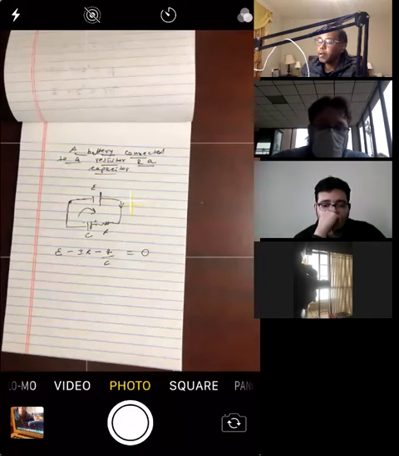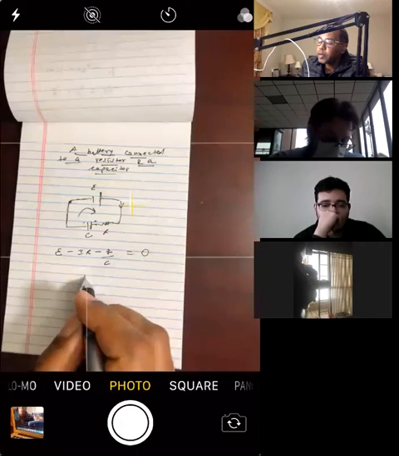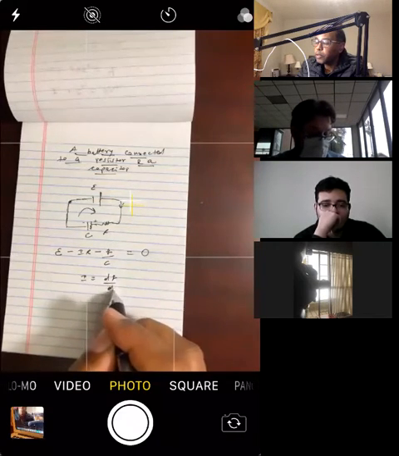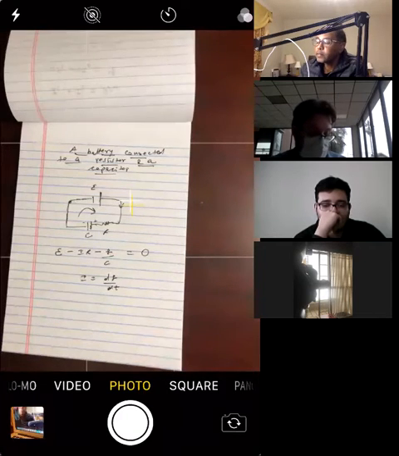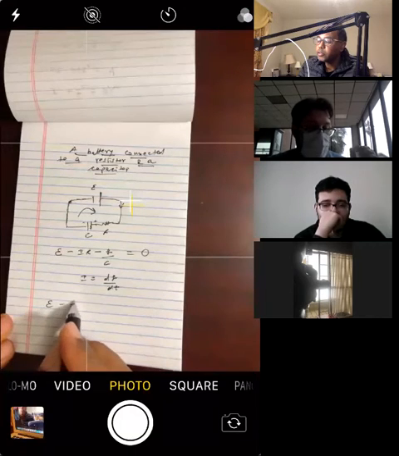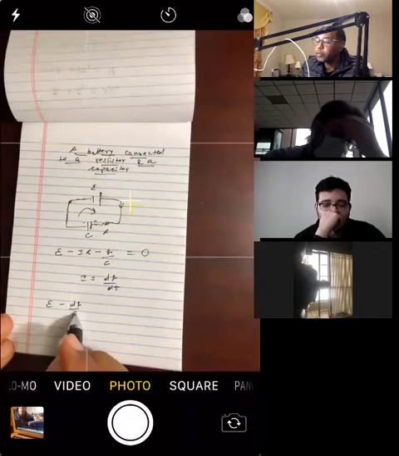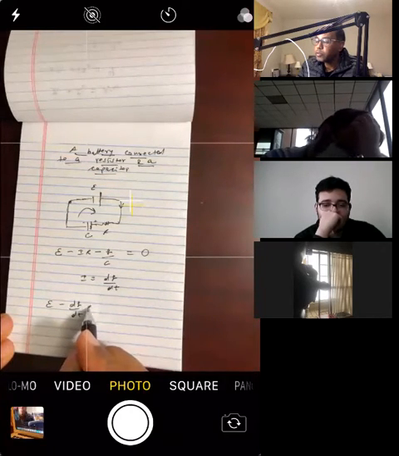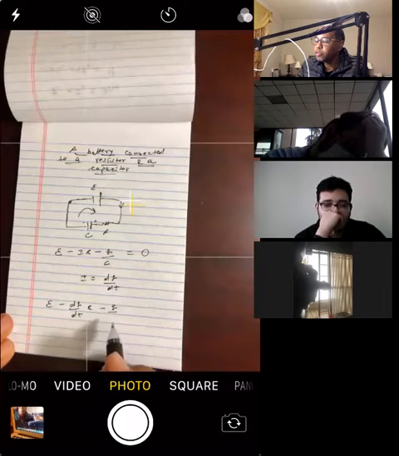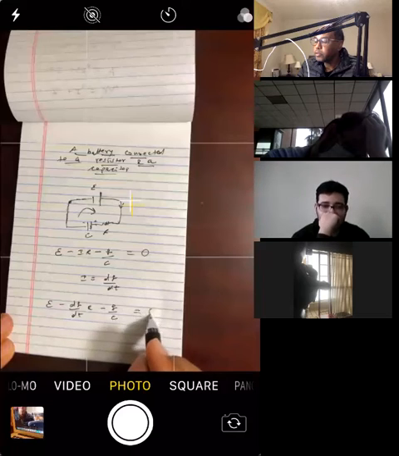All right, now remember, current is the derivative of charge with respect to time. So this equation becomes EMF minus the derivative of charge with respect to time times resistance, minus charge divided by C, equals 0.